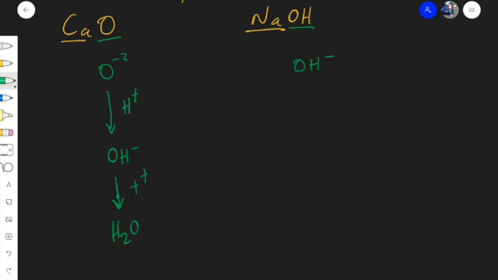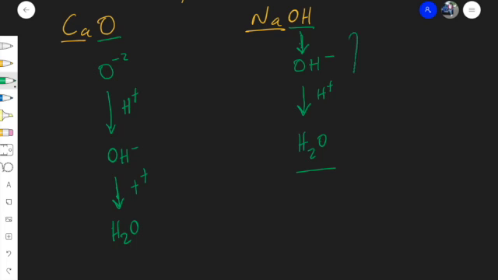The same thing will happen to this if we add a proton to it. If we add a proton to this, it turns to water. So it has changed to water.